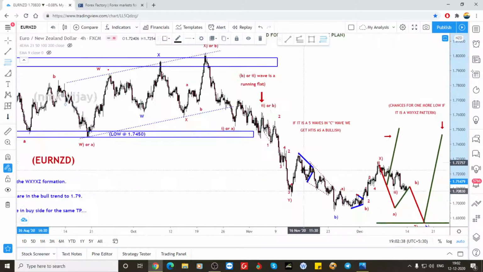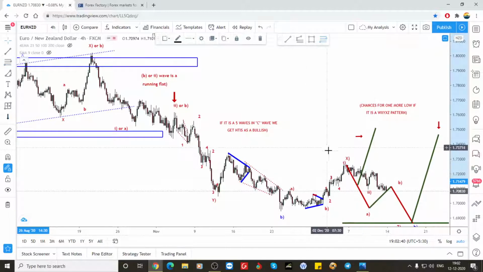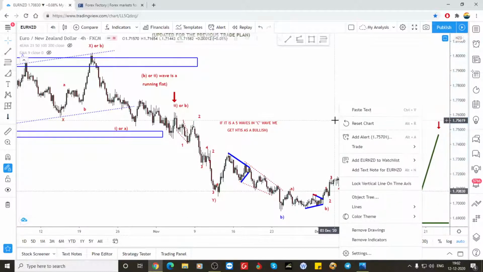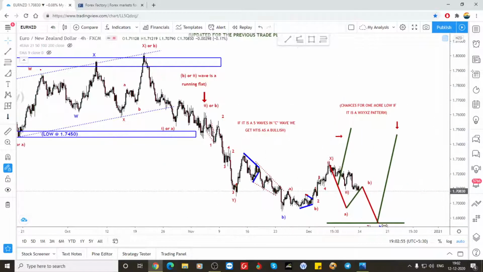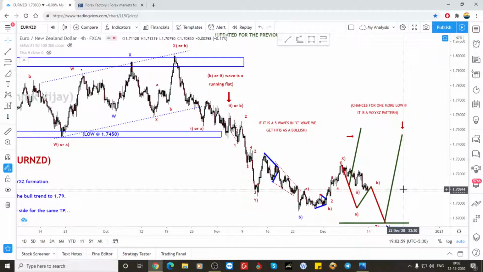So one more view, this is my view: if an X is completed, this could continue as a W X Y, and it can drop like that. Again if it reaches here it can bounce also, or if it is still bearish, it can reach another level, what I said is 7 also is possible, 1.67 also.